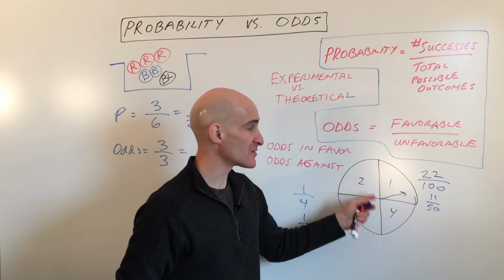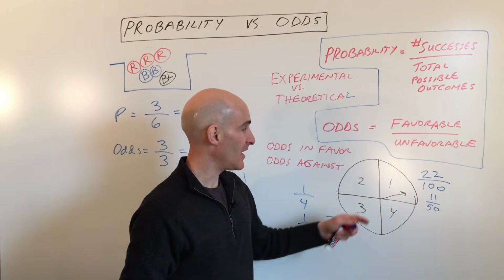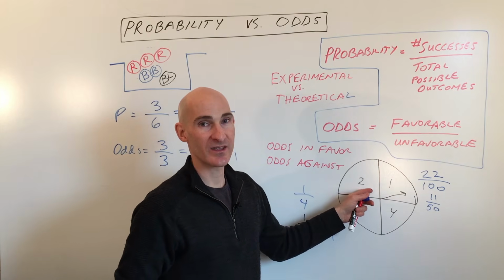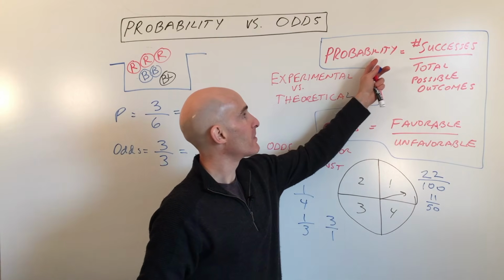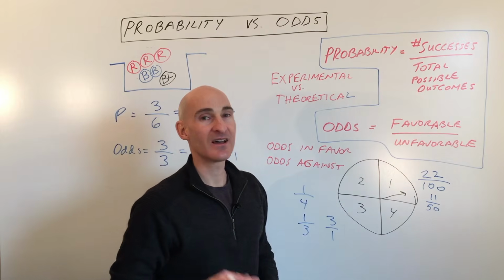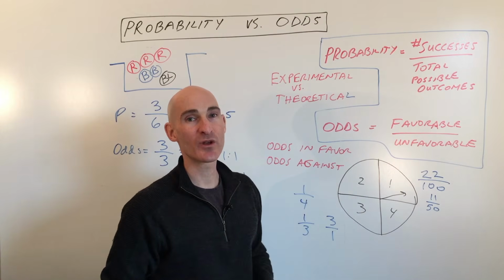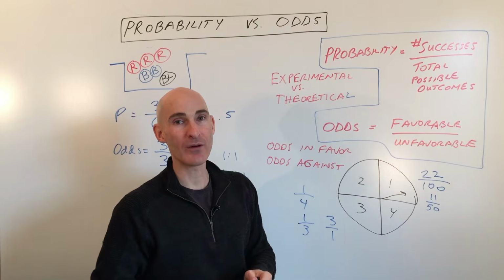But who knows? Maybe there are some other factors influencing the probabilities in such a way that they're not the same. Okay, but these are the definitions. So probability, odds in favor, odds against, experimental probability, and theoretical probability.